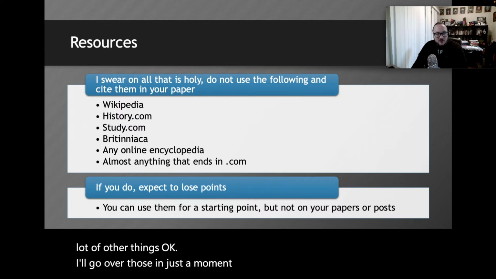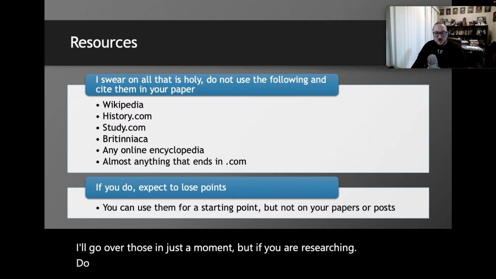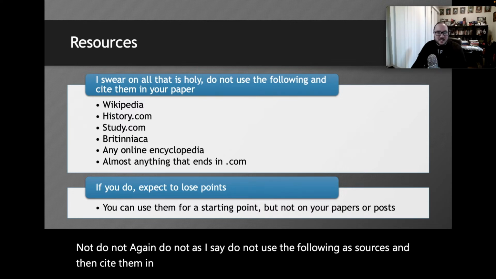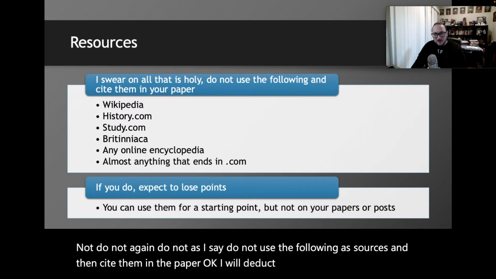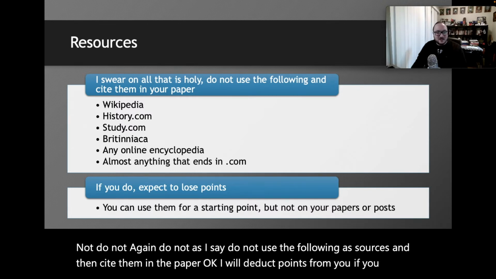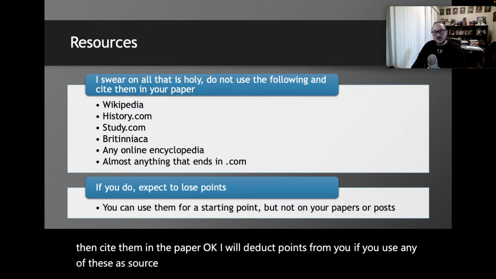But if you are researching, do not, again, do not, as I say, do not use the following as sources and then cite them in the paper, okay? I will deduct points from you if you use any of these as source material, even in your discussion boards, even in your primary source analysis.